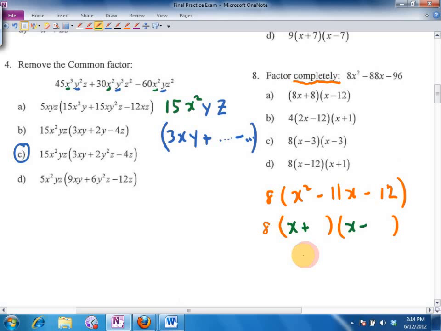They're going to multiply to give me 12 and subtract to give me 11. What are the 2 numbers? 1 and 12, and the 12 goes behind the minus because of the minus there. And that gives us the right answer. So that's a D, right? D. Okay.